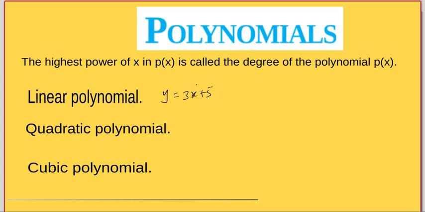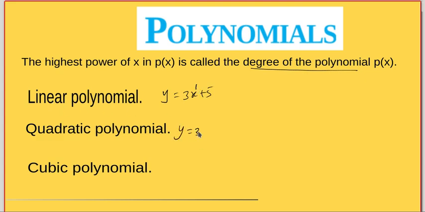The highest power of the polynomial is 1, so we can say it is a linear polynomial. If the highest power is 2, then we can say it is a quadratic polynomial. Degree of the polynomial: the highest power of the variable is called the degree of the polynomial. So if the degree of the polynomial is 1, that is a linear polynomial.